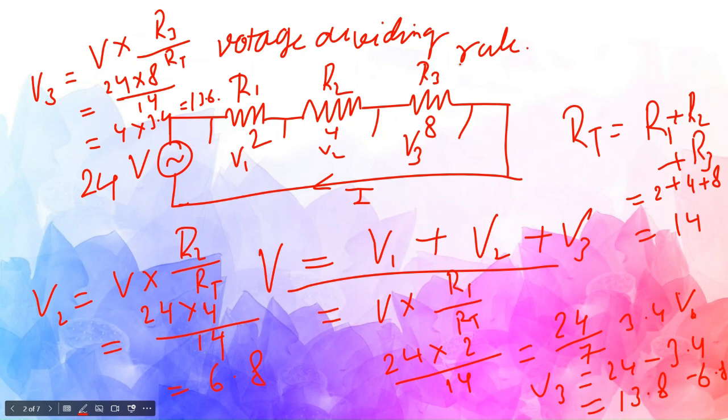In case of an HT board, the control circuit is supplied with DC voltage. So it can be 110 or 220 volt DC. That is where we need to use it. I have shown this as AC, but you can use it for DC also. It is really helpful there.